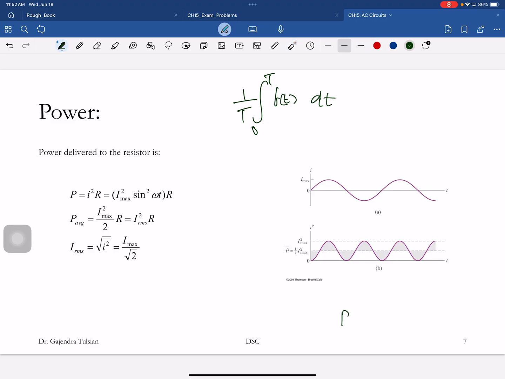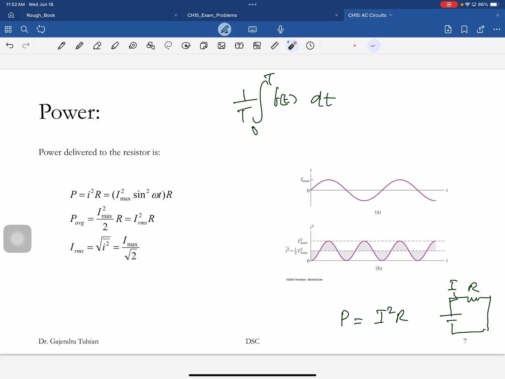For a DC circuit, the power delivered was I squared R. That's an expression we studied for a long time, and we remember that. Now, the expression for the power in the AC circuit has this factor of 2, which is annoying.